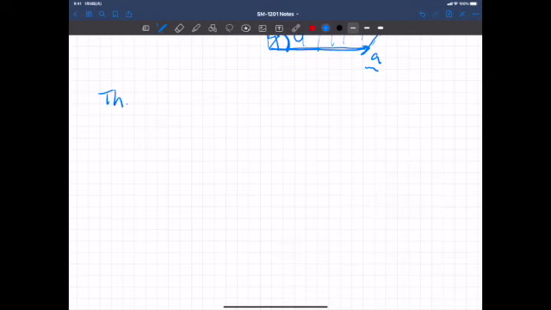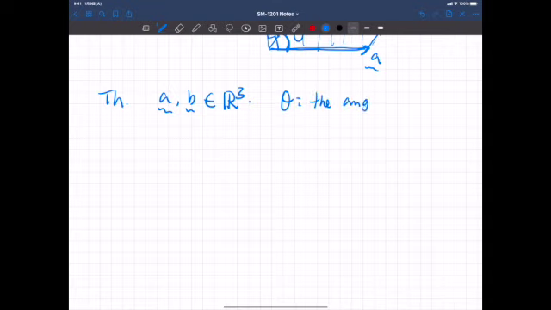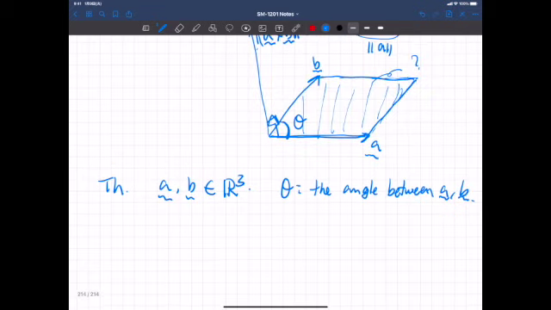So here's the theorem. Again, A and B are three-dimensional vectors, and the angle between them is theta, just like in this picture.